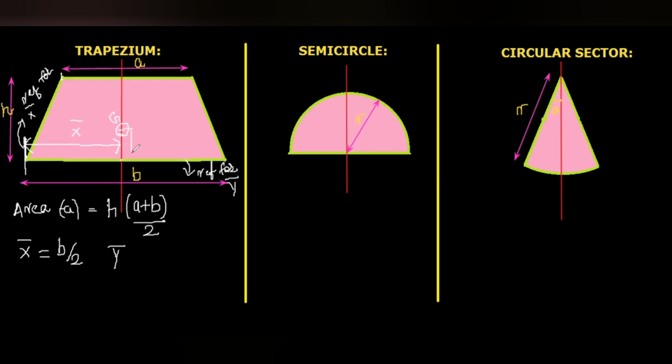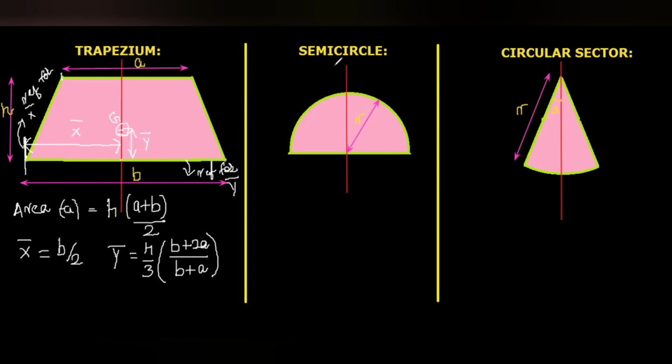This vertical distance is y bar, and this one is x bar, which is the same wherever the center of gravity is. The y bar value for a trapezium can be calculated using the formula h by 3 multiplied with (b plus 2a) divided by (b plus a). So by using this formula, from the bottommost reference line, we can calculate the value of y bar.